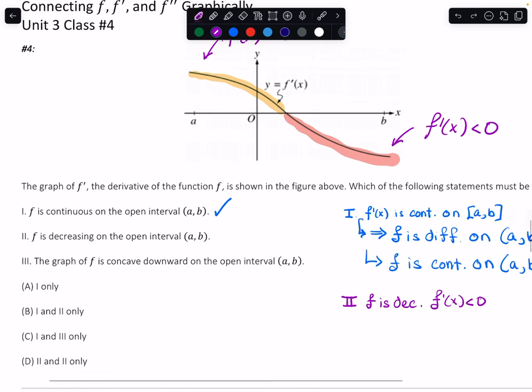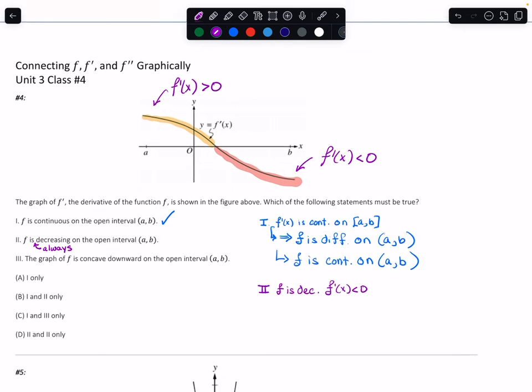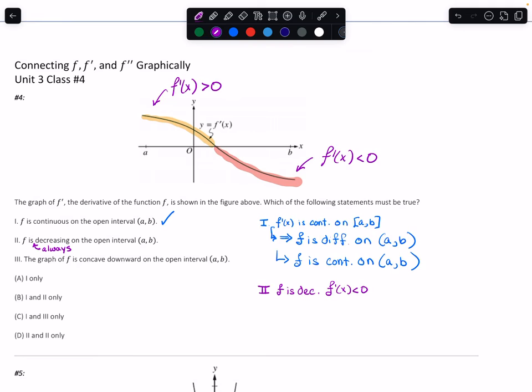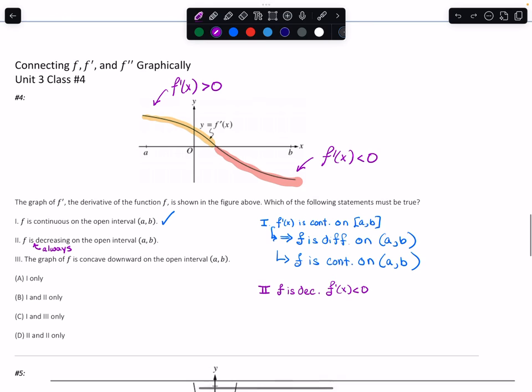They're asking is f, and they don't say this because it's sort of implied, but is it always decreasing? And the answer is no, because sometimes the derivative is positive. So that means that f is sometimes increasing. So they're not going to say always. But if they say decreasing on the interval, they mean decreasing over the entire interval, which is a little deceptive, I think.